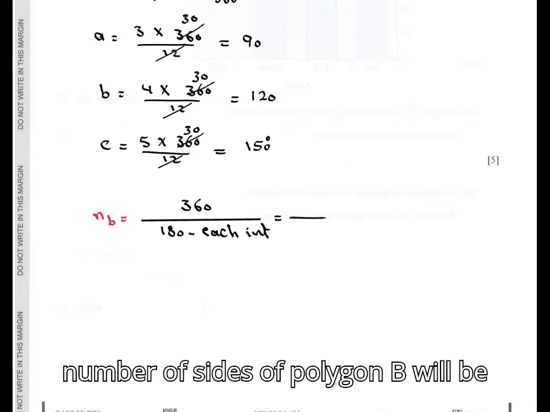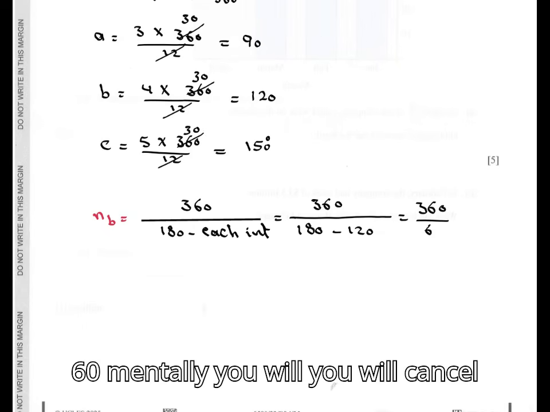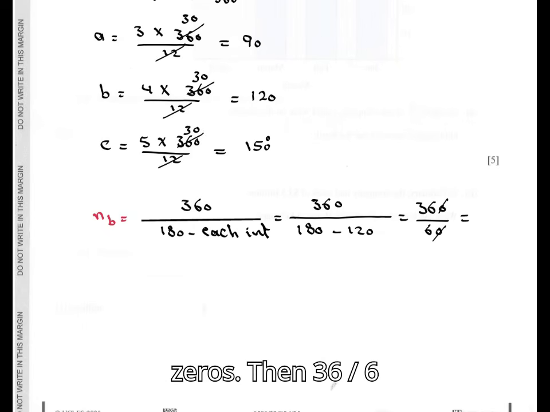Then the number of sides of polygon B will be equal to 360 over 180 minus 120. 360 divided by 60. Mentally you will cancel zeros. Then 36 divided by 6 is equal to 6 sides.